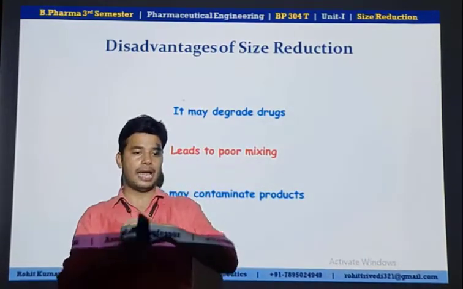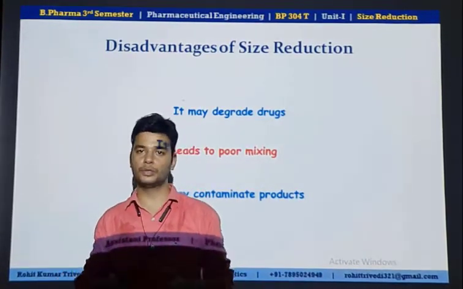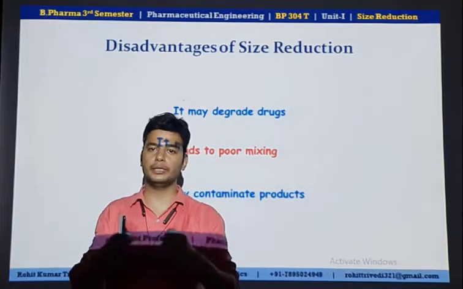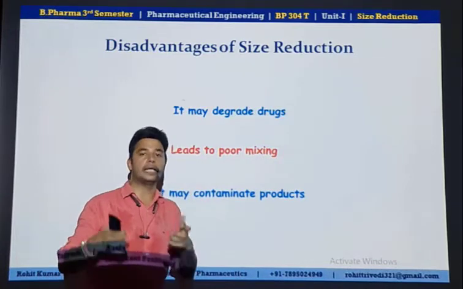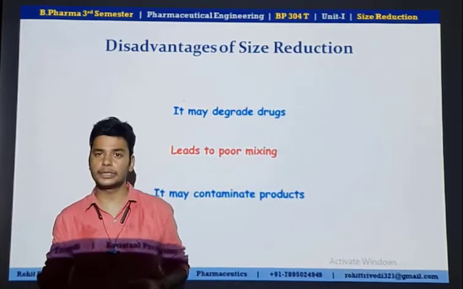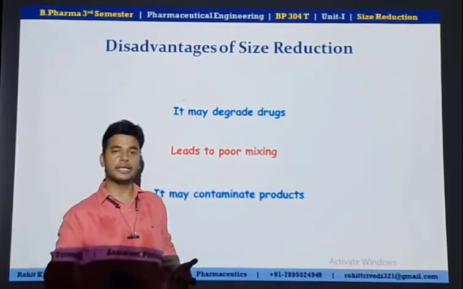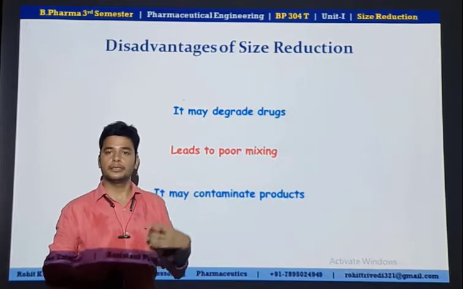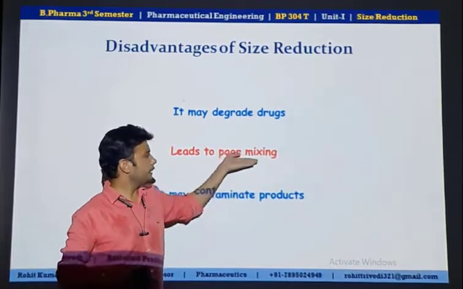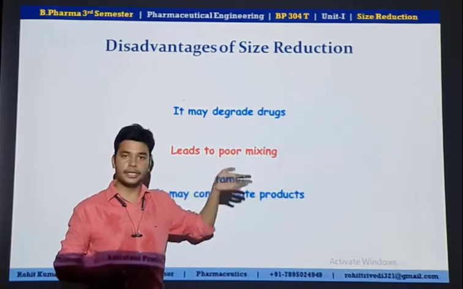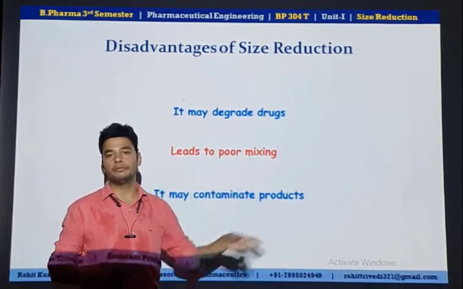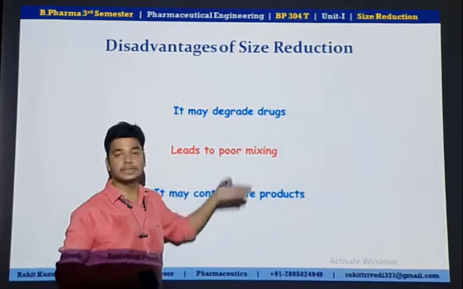If we have a bunch of small size particles, they form aggregates when they come in physical contact with each other. The smaller the particle size, the higher the aggregation. If the aggregation is higher, we will face problems during the process of mixing. So this is also a disadvantage: if we reduce the particle size, we will definitely face a few mixing problems.